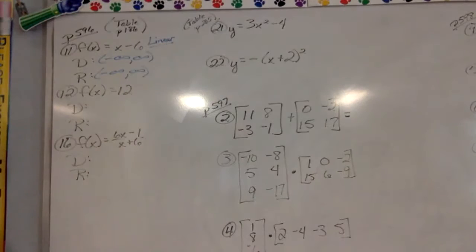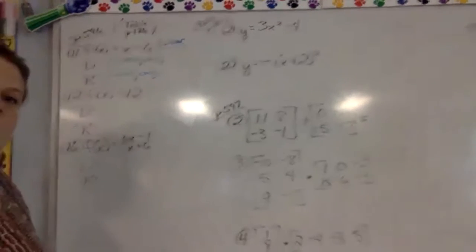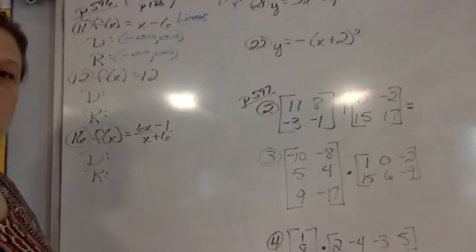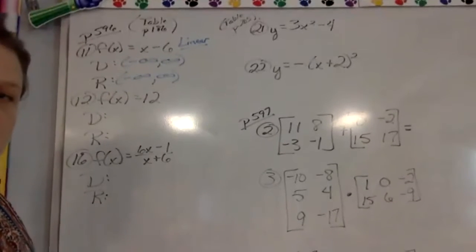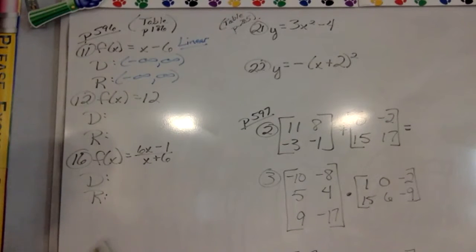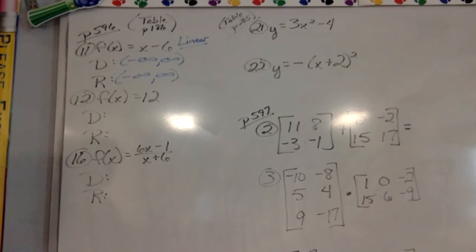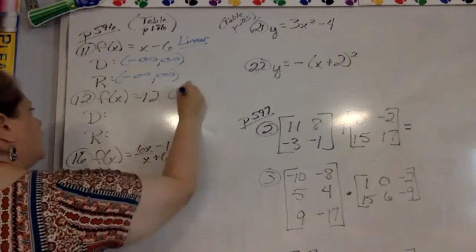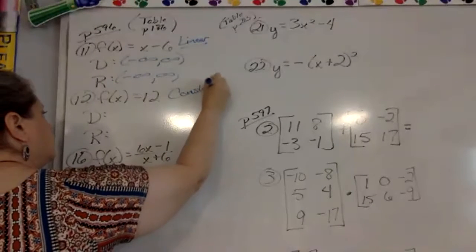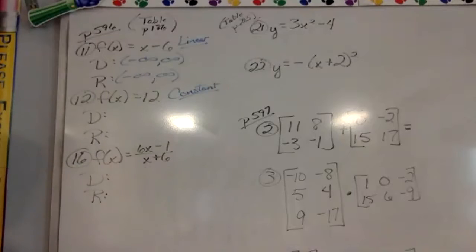Okay? Now, this next one just says f of x is equal to 12. So if you look on there, which one is it like? Or it's just equal to a number? Constant. So if it's a constant function, if you go over to the column, it says the domain is still going to be all real numbers.